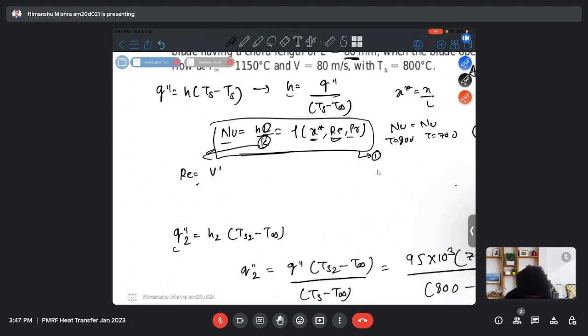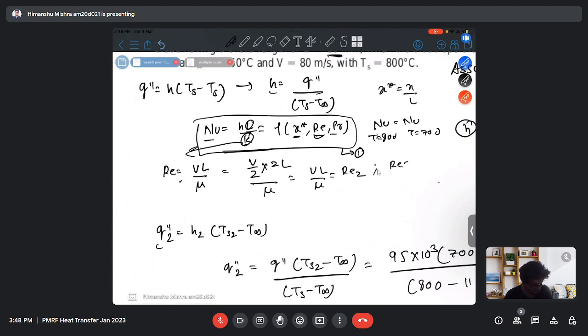To determine if the Reynolds number is changing, we define the Reynolds number as V L by mu. So my V is becoming half and my length is becoming double. So my Reynolds number is not changing. It is equal to the previous case.